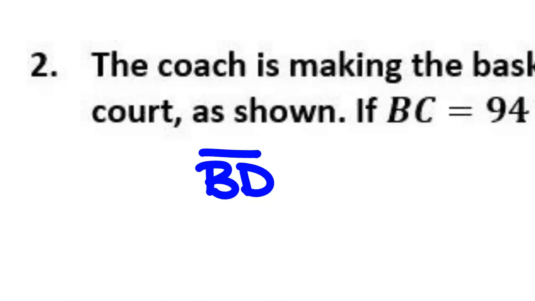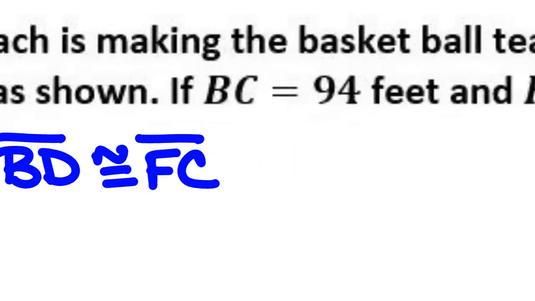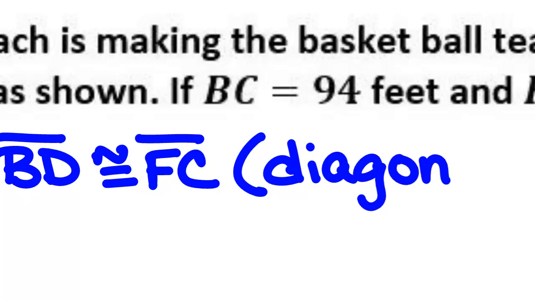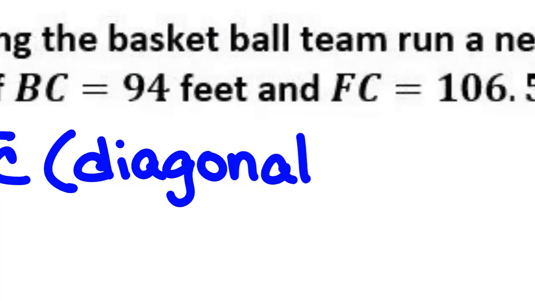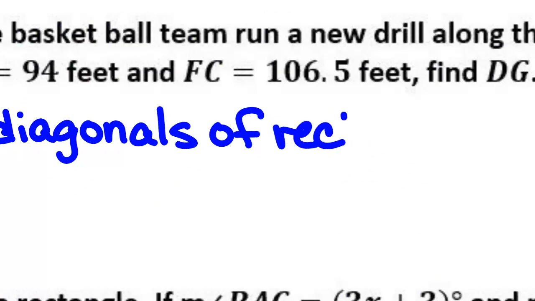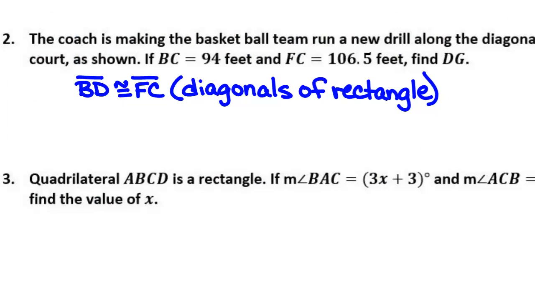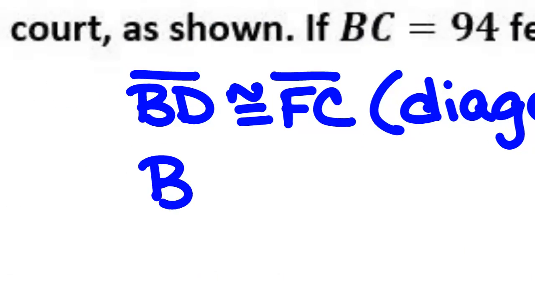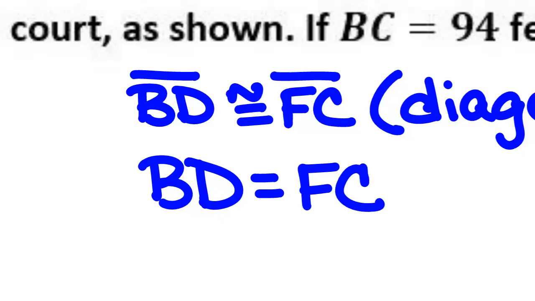So BD is congruent to FC. These are the diagonals of the rectangle. And so that means their measurements are equal. The measurement of segment BD is equal to the measurement of segment FC.